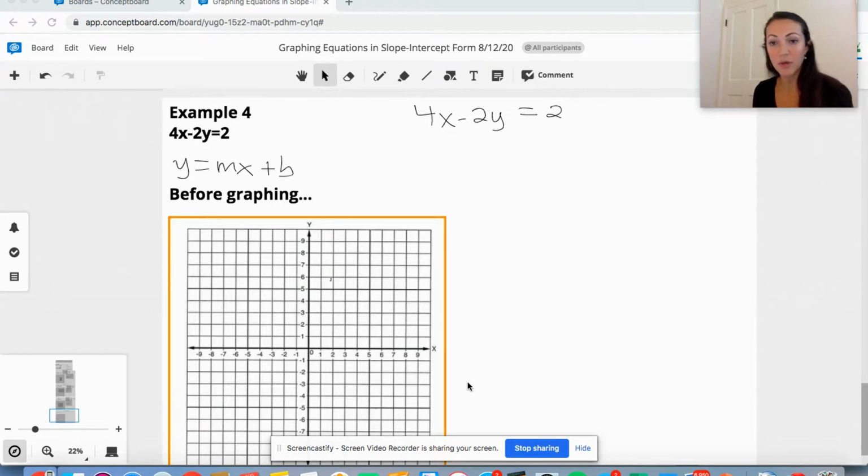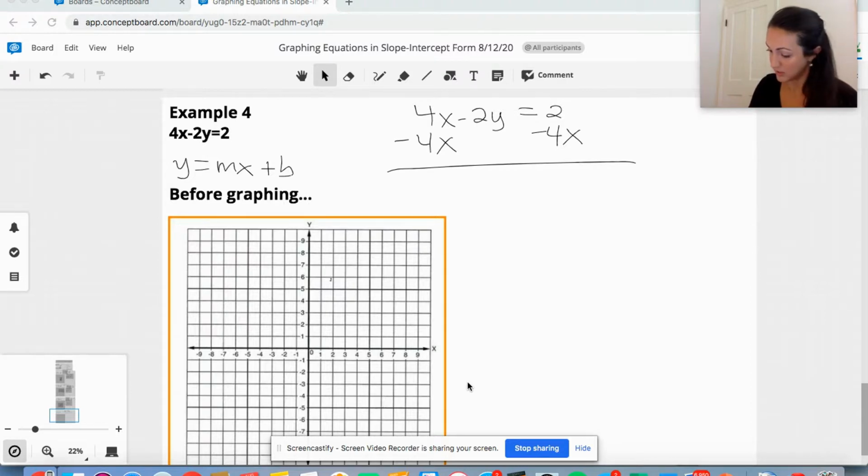And before we can isolate y, we've got to deal with the addition and subtraction here. So we're going to subtract 4x from each side of the equation. And we're left with -2y is equal to -4x plus 2.